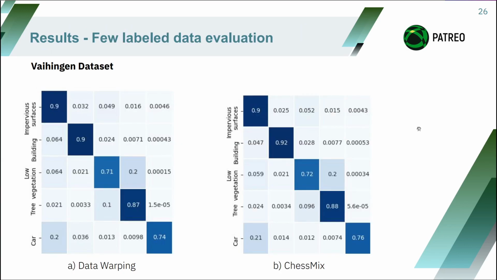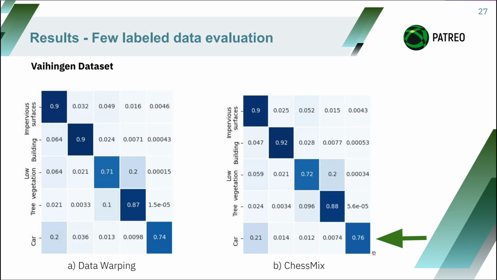Here we can see the results by each class individually. First of all, for the binding dataset, we can see that ChessMix managed to get a better accuracy for some of the classes, and for others it's staying pretty much the same. But the most important case here is the car class, where we managed to improve from 74% using the baseline to 76% using ChessMix.